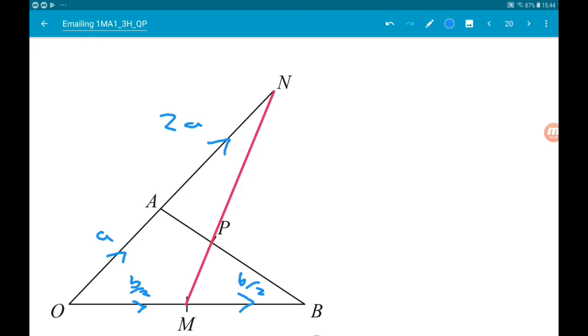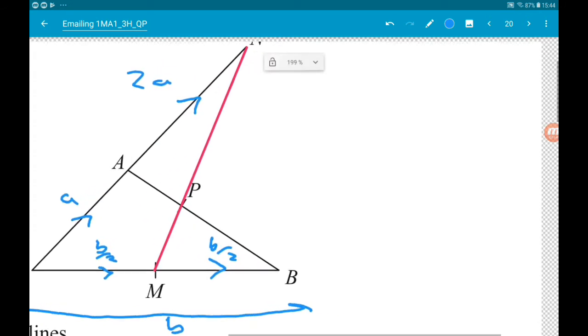Because those two vectors make up a straight line, we know that they are parallel. That means we can think of one of them as a multiple of the other. So let's find these.